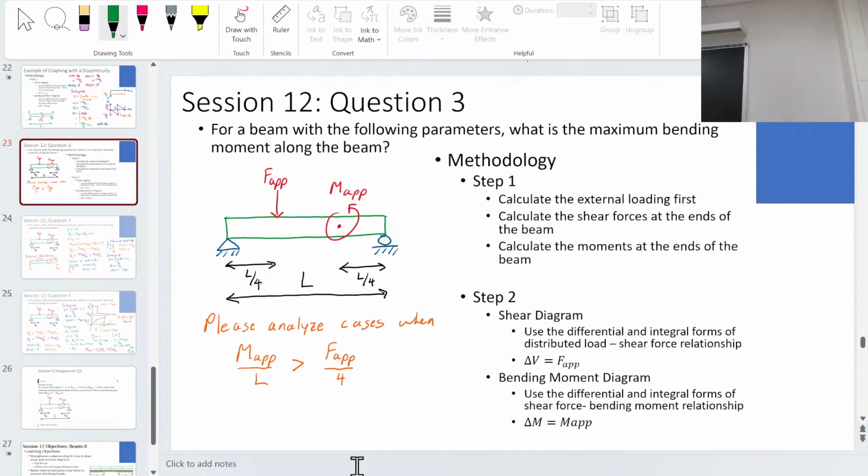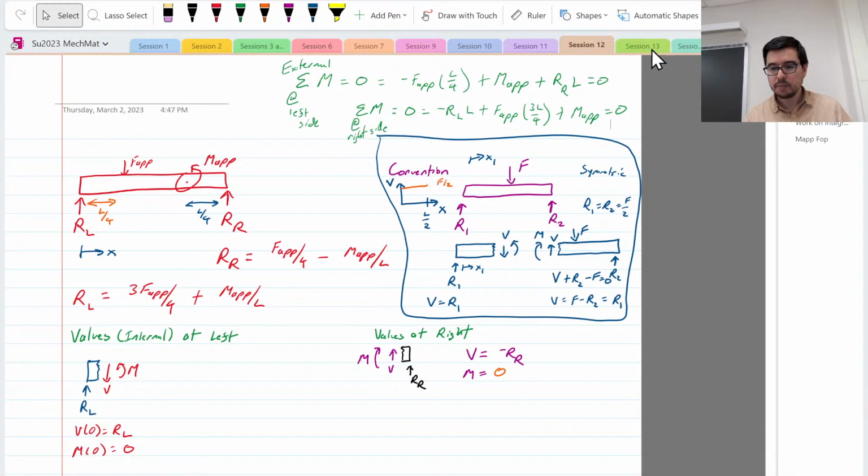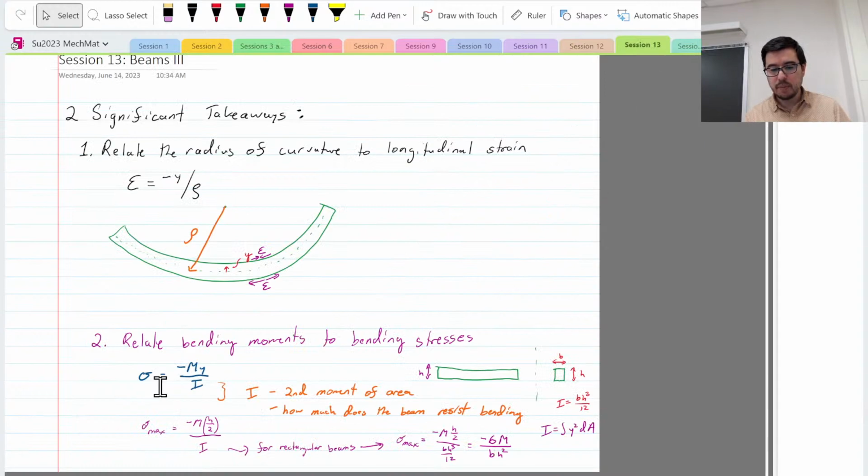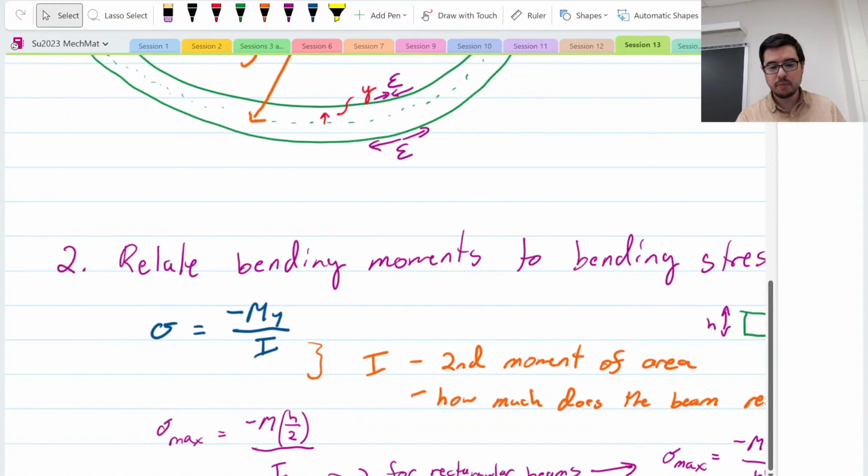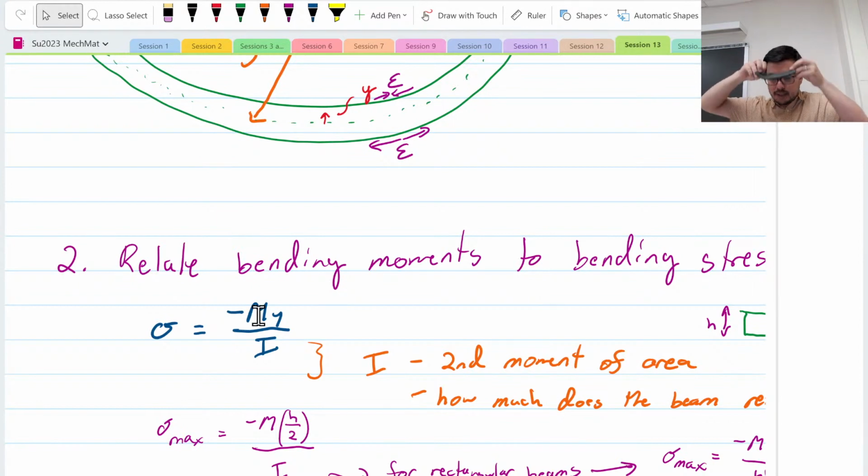If we just go back to this equation, if the beam is bending the opposite direction, like you're saying, this would be a positive bending moment and this is considered a negative bending moment.